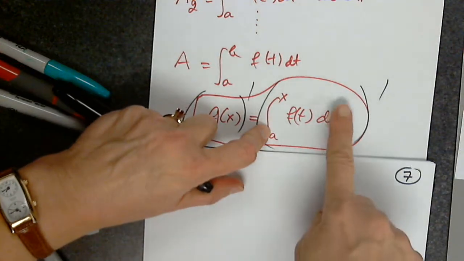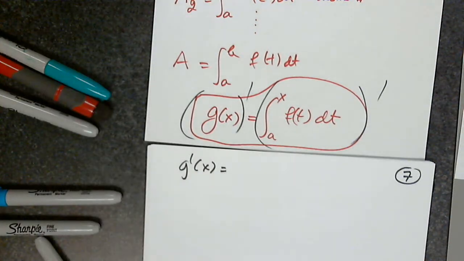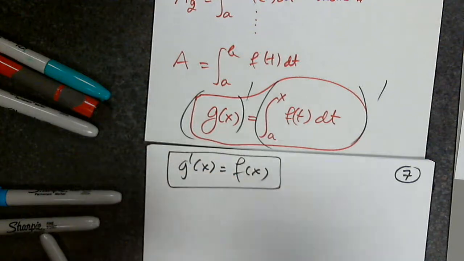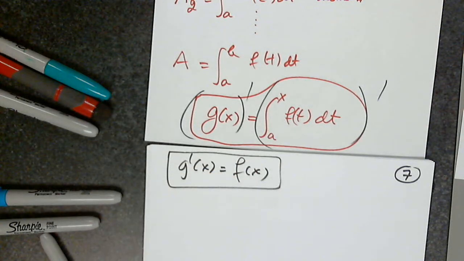If this is gone, and this is gone, and the right-hand side has to be a function of x, what will you say we should write? F of x? Exactly. We differentiated the integral, so we got f of x.